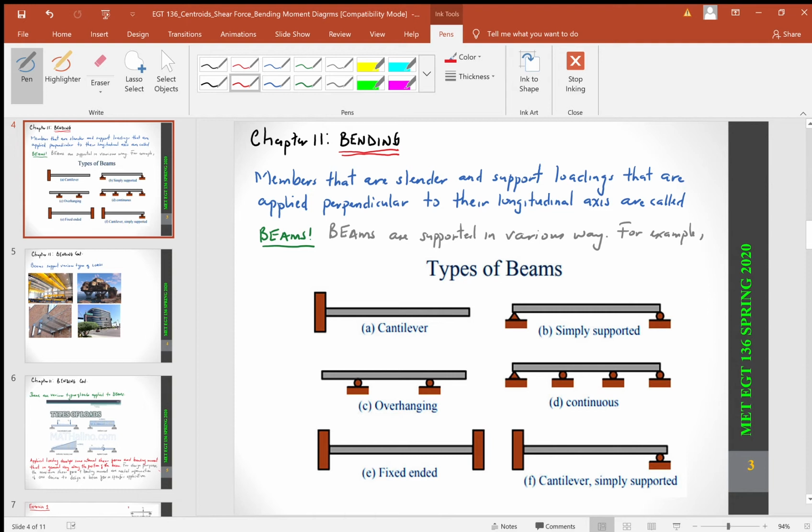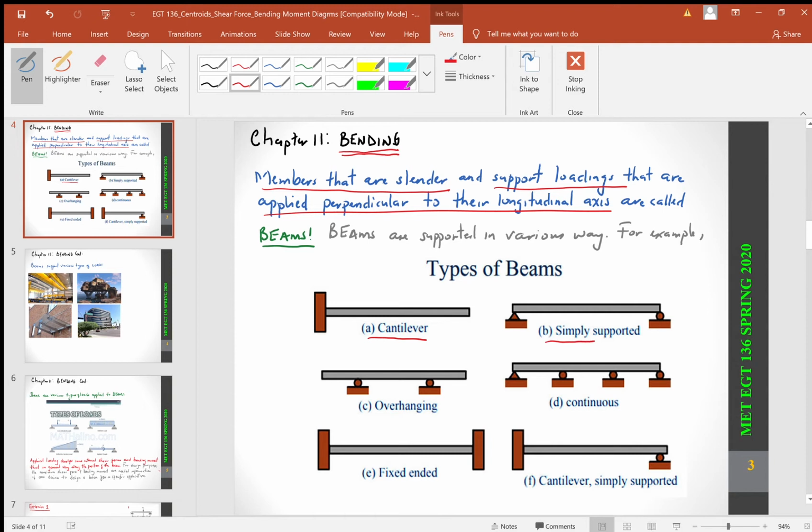And beams typically are just members that are slender and that support a loading that typically is applied perpendicular to the longitudinal axis. Now, beams are supported in various ways. For instance, a beam can be supported through a cantilever.